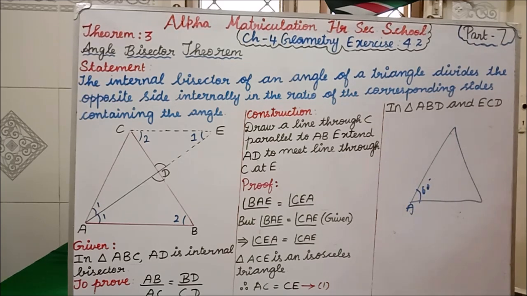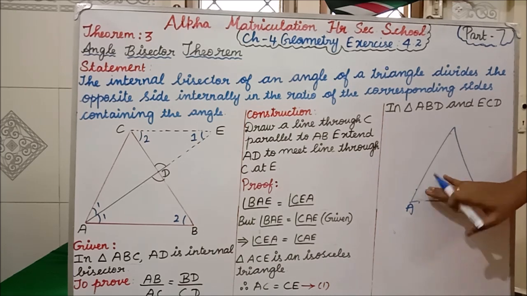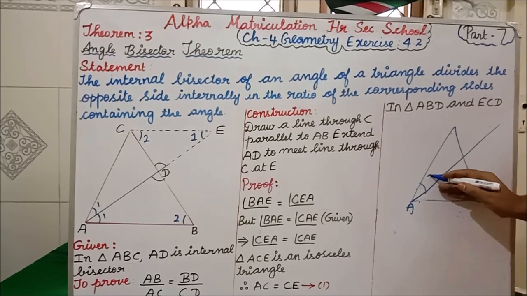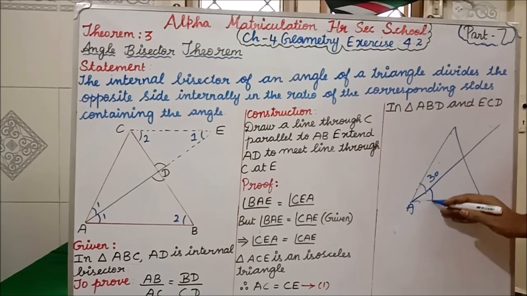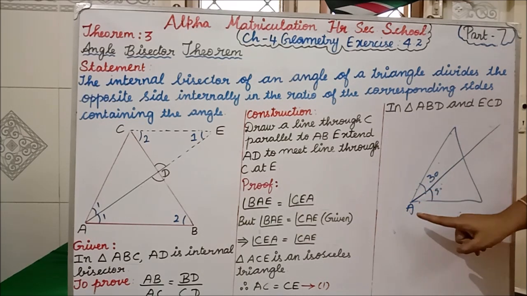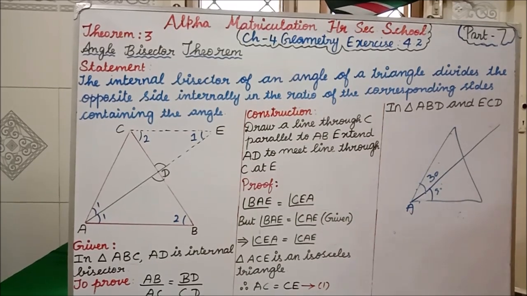When you draw the internal bisector, this angle of 60 degrees is divided into exactly 30 degrees on this side and exactly 30 degrees on this side. So internal bisector means it makes the angle into 2 equal parts. It makes the angle A into 2 equal parts. Clear? Okay. What is the question saying now?